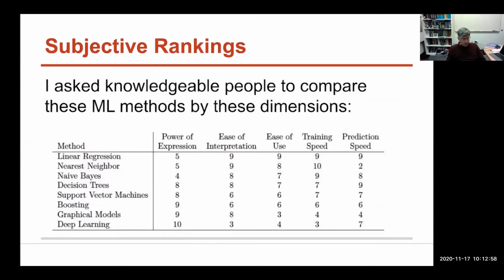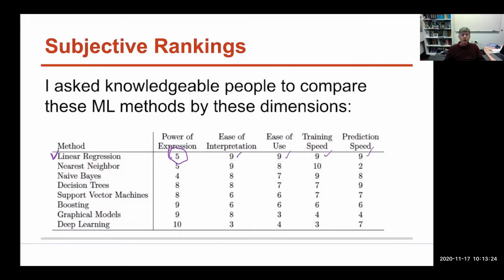Linear/logistic regression is the method that we've spoken about most in here. And the important thing to see is that in many dimensions, it's extremely good. The only limitation of linear regression is that it is hard to express complicated models in it.